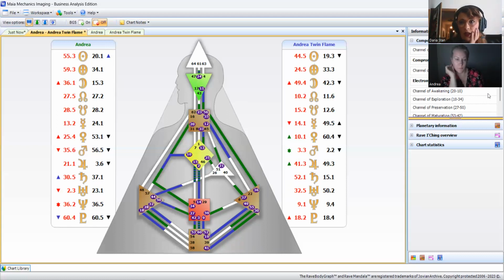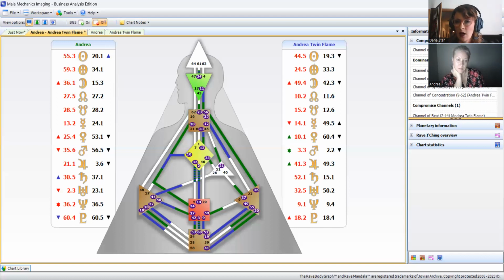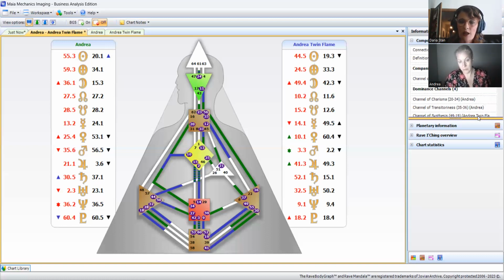But that's only one compromise. It's very little problems. And you have 4 dominance channels, which are clean energies of learning from each other. And you have 1 companionship channel, which is the channel of mutation, and is the channel of growth. It's the butterfly that transforms from the caterpillar.